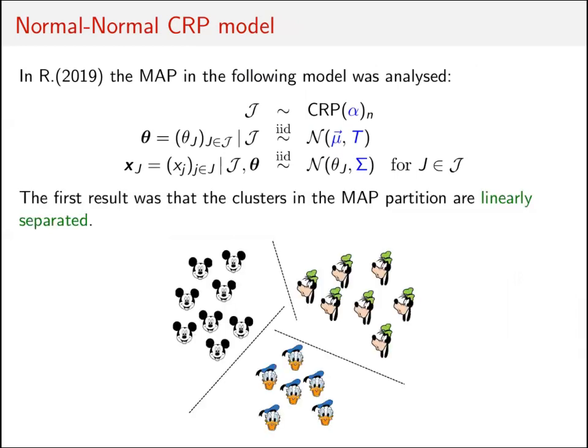I just want to make sure: even if you observe the thetas themselves without noise, not the x's, there would still be a clustering problem, right? There's still a posterior distribution over the clusters given the thetas. Of course, it's still a posterior distribution. As a Bayesian, I should stop my analysis at saying, this is my posterior distribution.